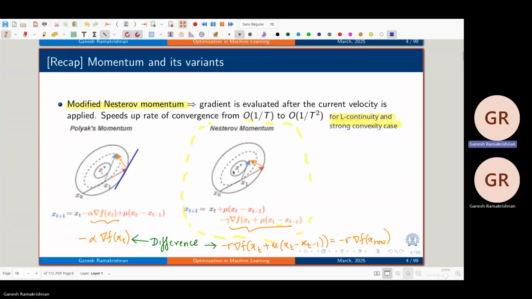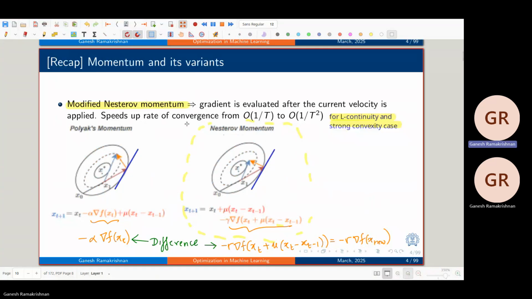You see the orange curve is not normal to the tangent. Whereas on the right hand side, you see the orange curve seems to be normal to the tangent, right? Which means the step here is actually taken after you do the velocity update. So that's the difference here.